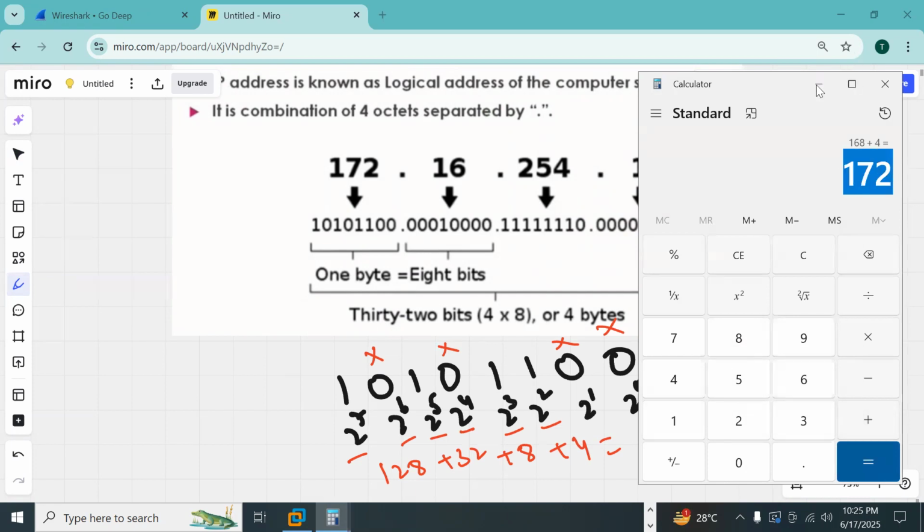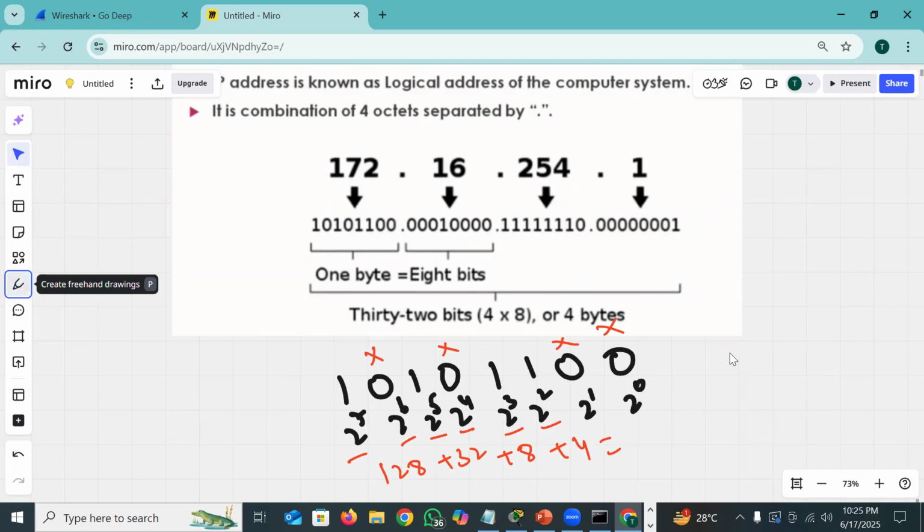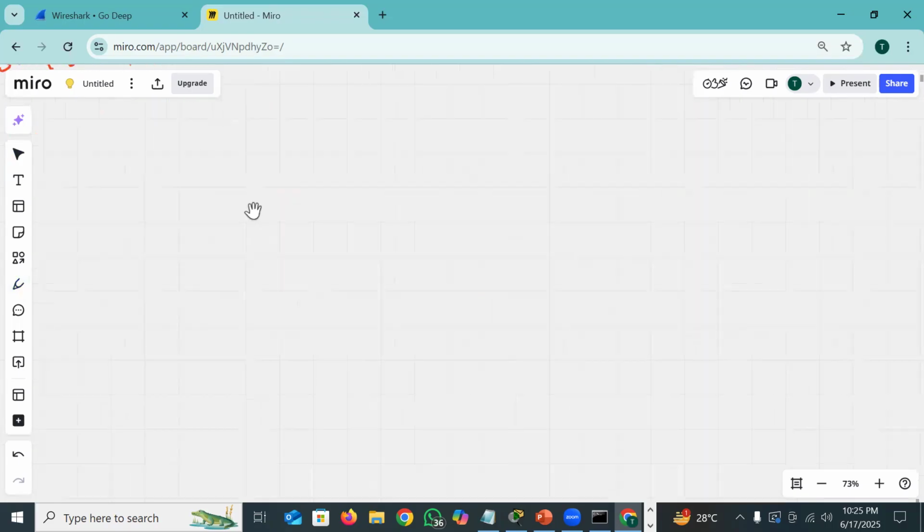Now let us make it easier for you. Let's take one example here. I want any one of you to please give me an IP address so we can take the binary calculation for it.